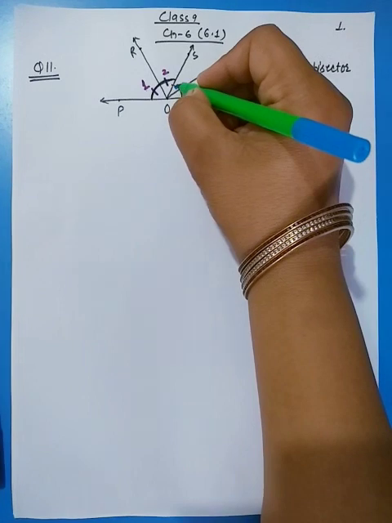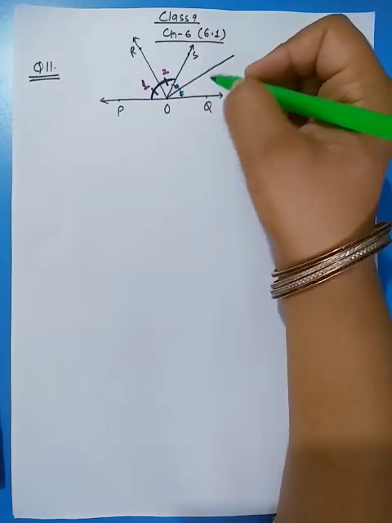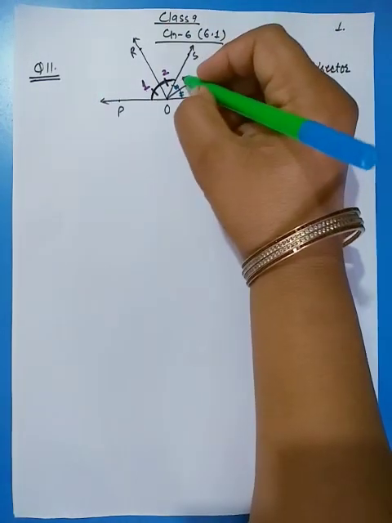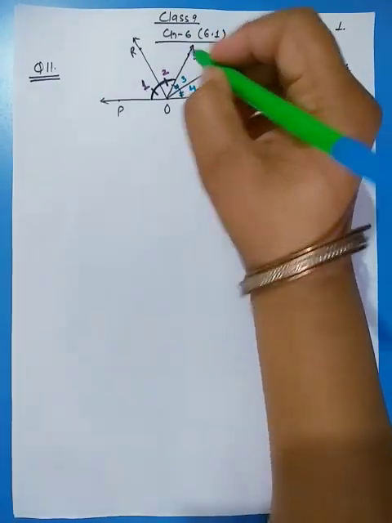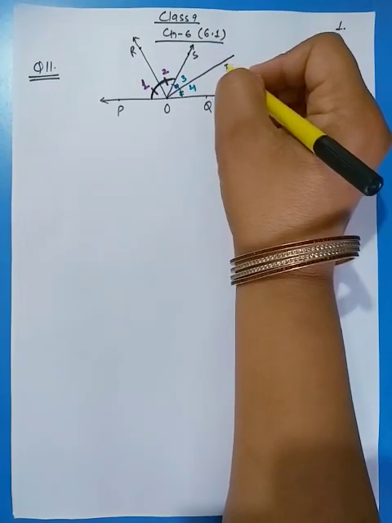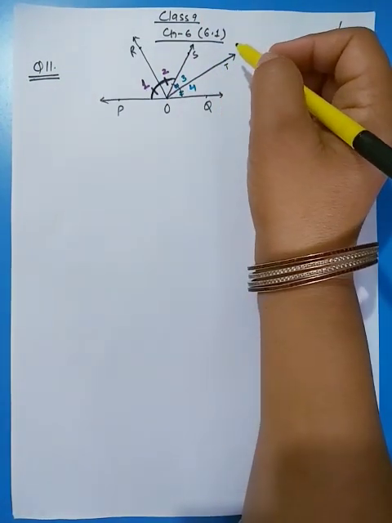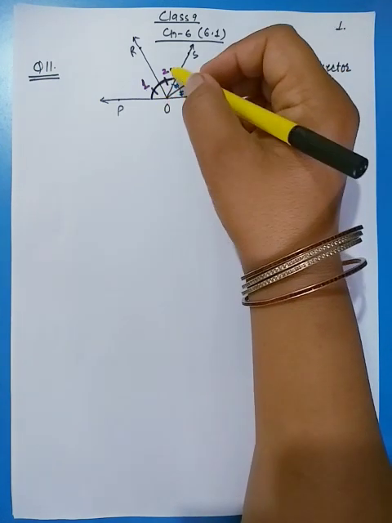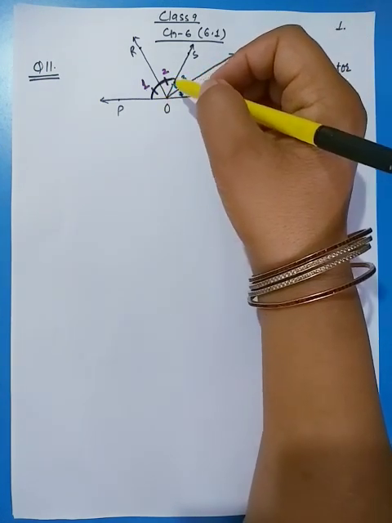It means both the parts of angle QOS are equal. So we can say angle 3 is equal to angle 4. On the basis of this information, we have to find the value of POS and ROT.